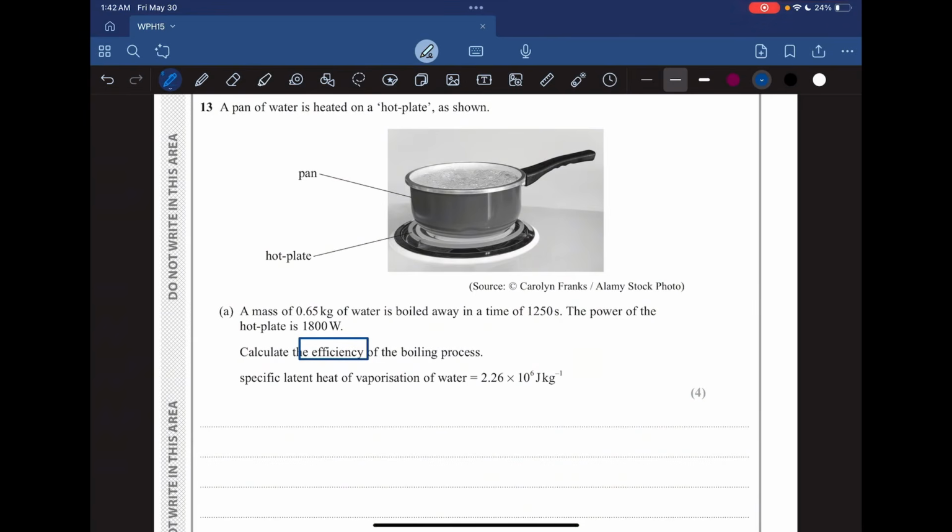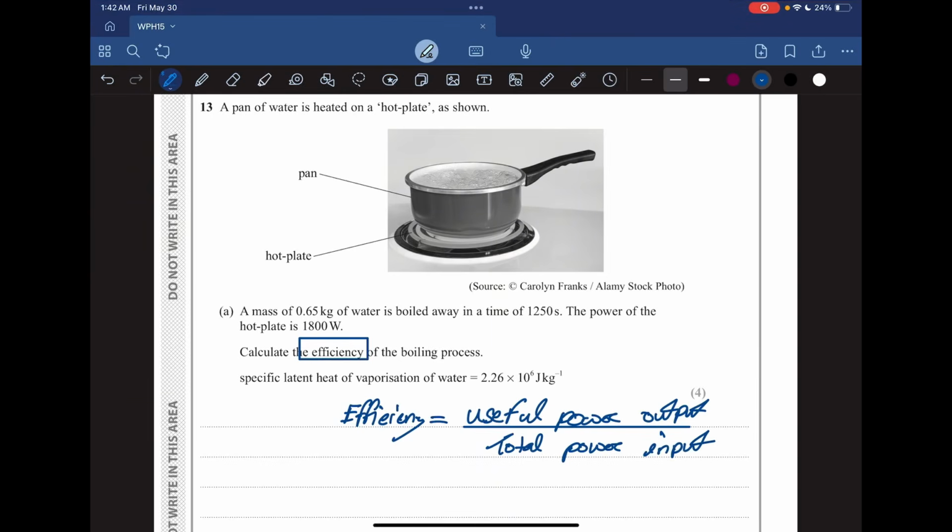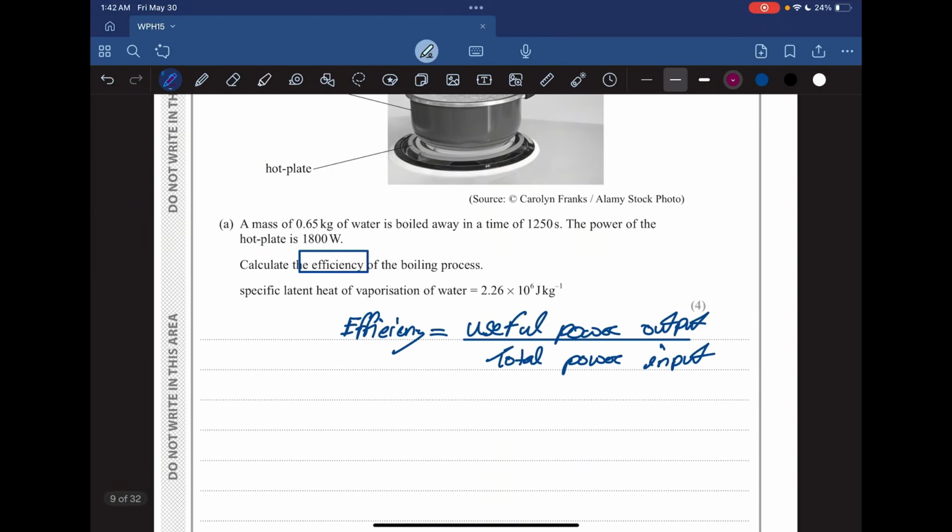We know the formula of efficiency is useful power output divided by total power input, right? This is a very important formula: efficiency is equals to useful power output divided by total power input. Now here the total power input is the power of the hot plate.